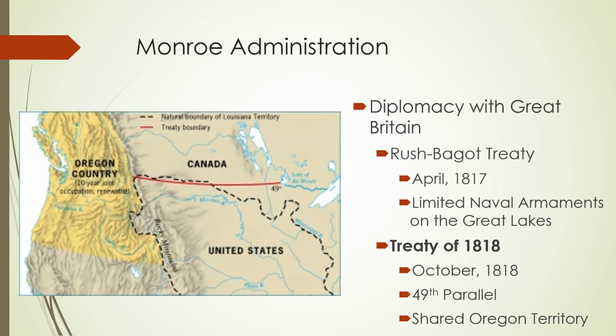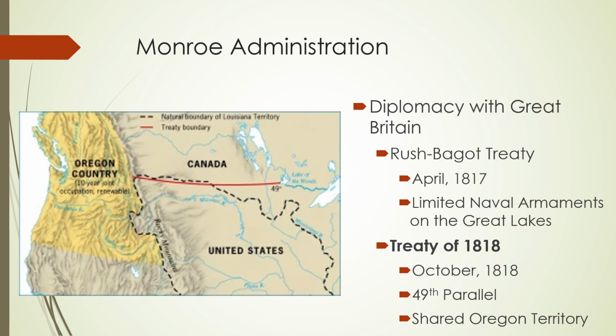This will be the border between Canada and the United States. So this causes the U.S. to lose a little bit of land, and it causes Britain to lose a little bit of land, and then you gain a little bit in return. And so we now have a clearly defined boundary until you get to the Rocky Mountains.